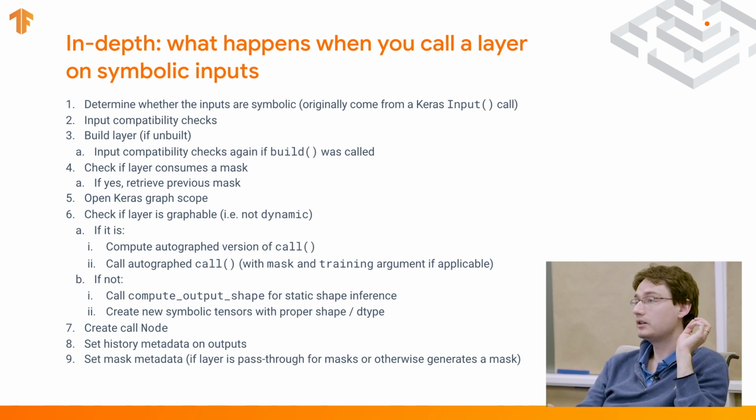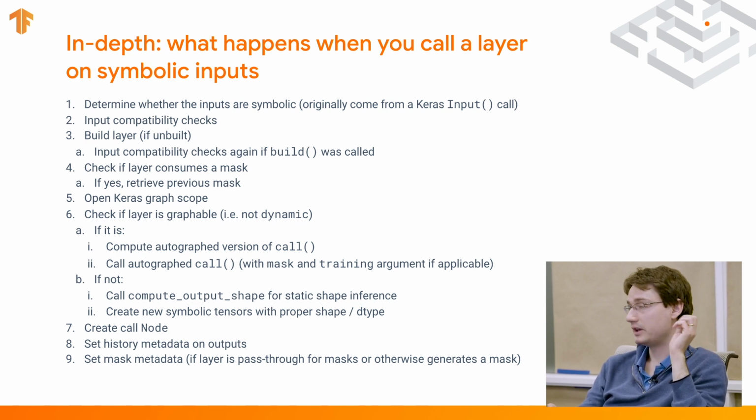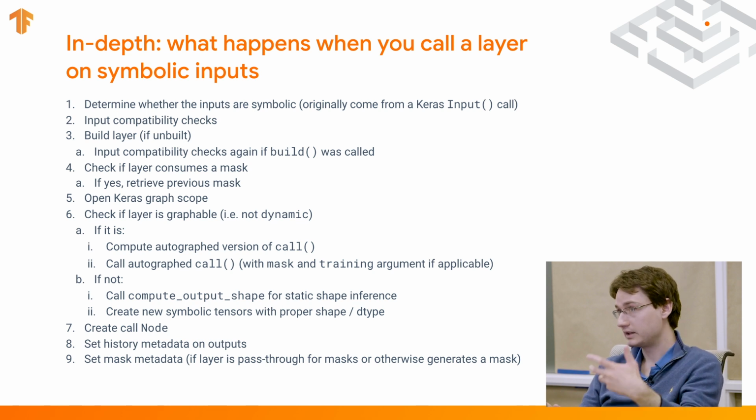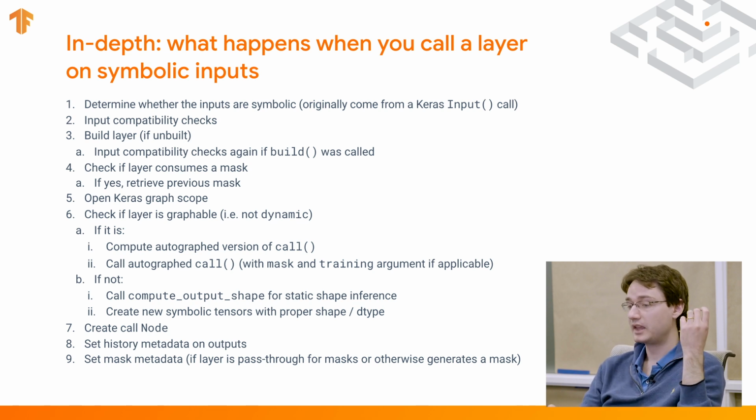Either the layer can be converted to a graph, which is the case 99% of the time. In that case, we're going to use autograph to generate an autographed version of the call method. This is useful in case the layer implementer is using Python control flow, like if and for loops and so on. And then you're going to be calling this autographed version of call on your symbolic inputs.